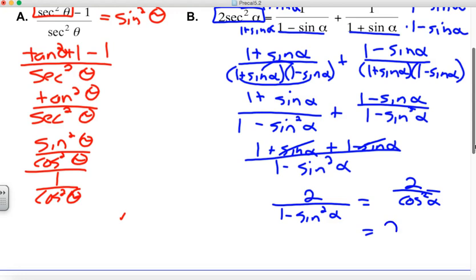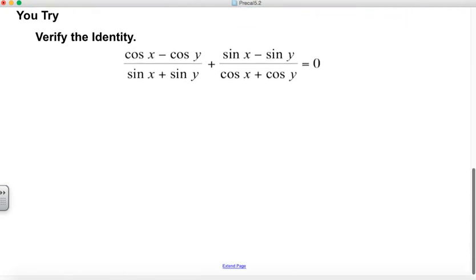So then I can change this to 2 secant squared alpha. Because if cosine squared is on the bottom, that's the same as secant squared being on the top. Alright, so now I've confirmed that the right side is the same as 2 secant squared alpha, and my identity is verified. Alright, so go ahead and pause the video, try this one down here.